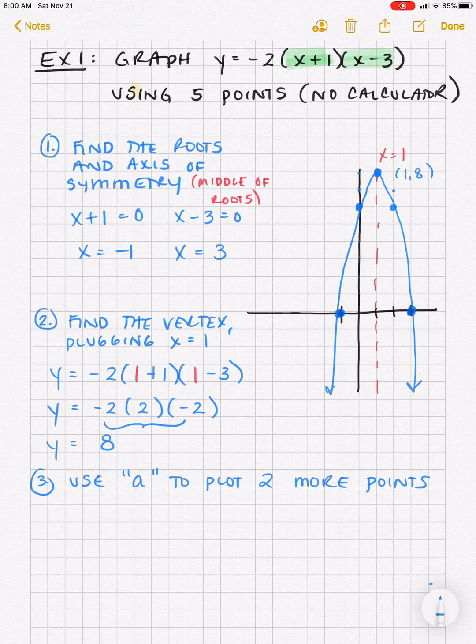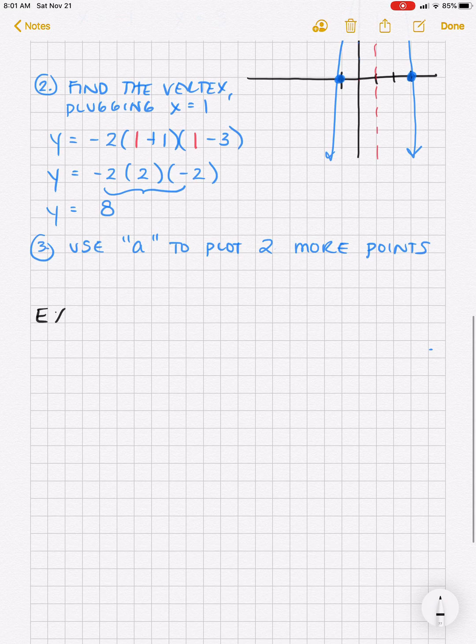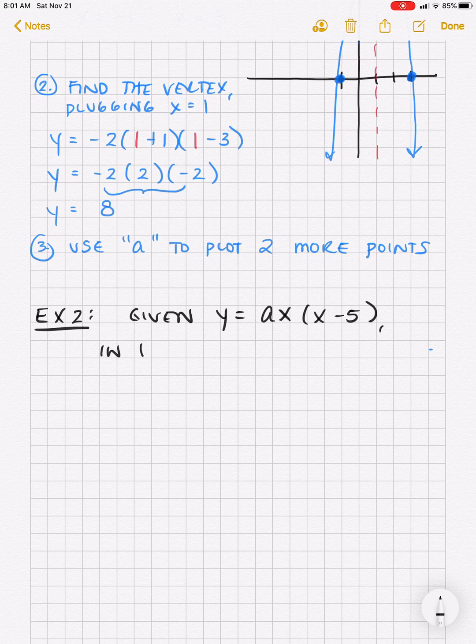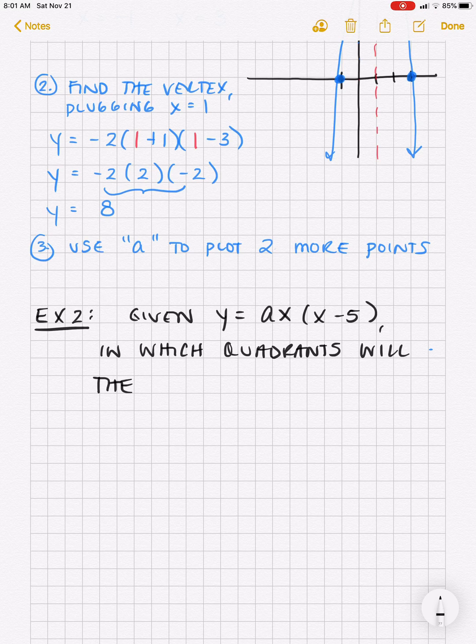All right, example 2. Given y equals a times x times x minus 5, in which quadrants will the vertex be located?